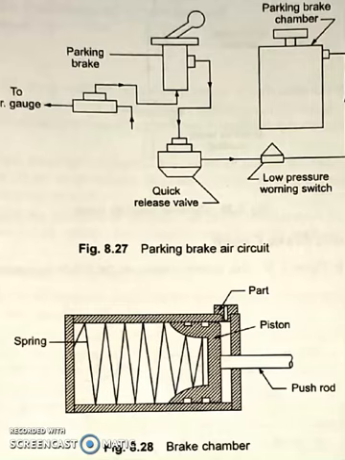This circuit operates the parking brake chamber, which operates the brake shoe. The chamber is a spring-loaded air cylinder. With no air pressure applied to the cylinder, the spring retracts the piston assembly and applies the brake.